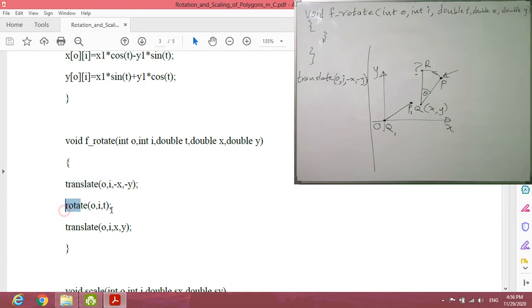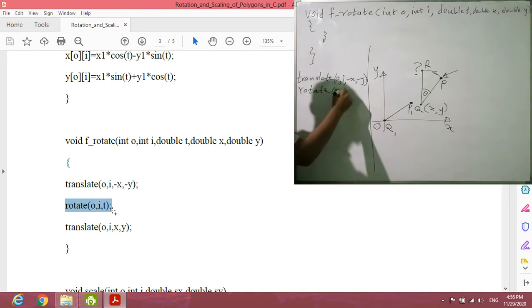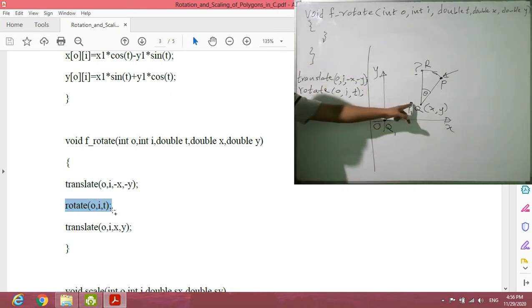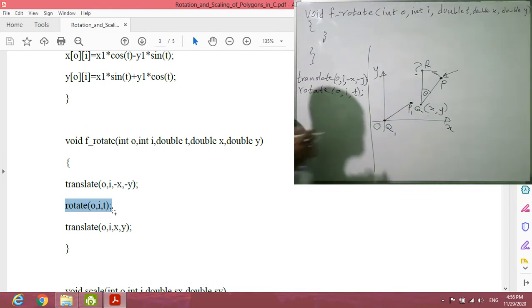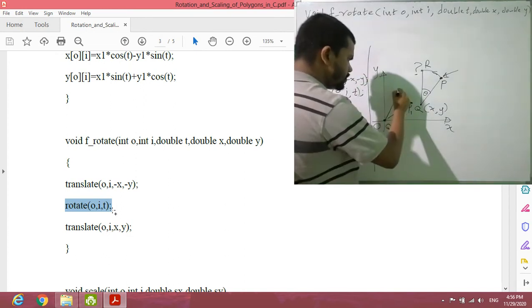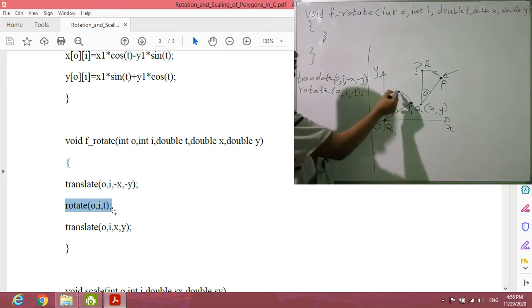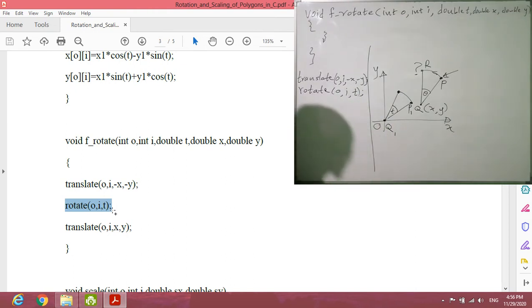Then rotate o comma I, t. After that, this point will be rotated around the origin by an angle t in radians. Okay, so it comes here. Now we have computed this coordinate.